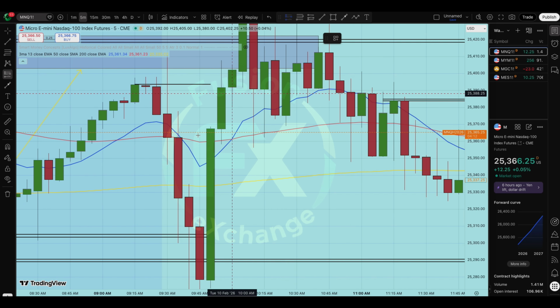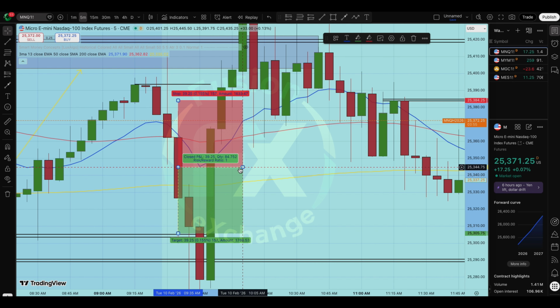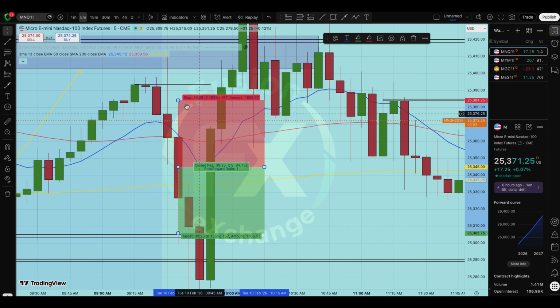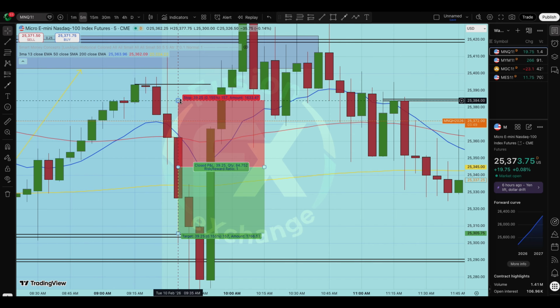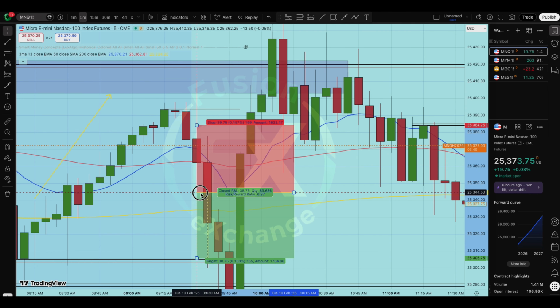We're not in bar replay just yet, so bear with me. Entry would be upon the 9:35 candle. After the 9:30 candle closes, we push down and break the wick of the 9:30 candle. So my entry would be something like this.